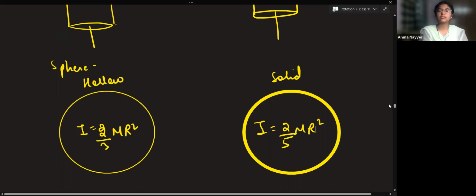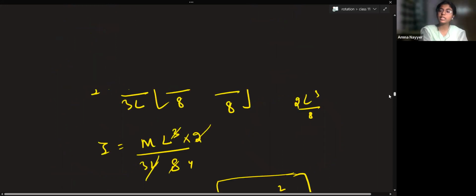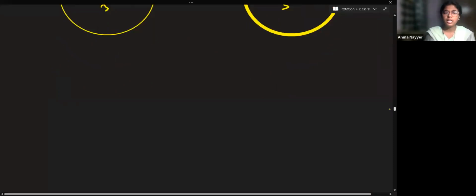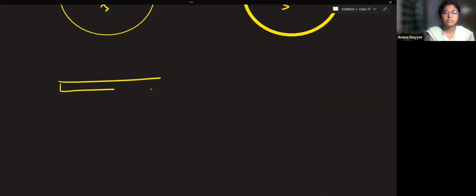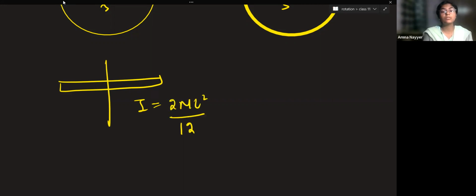Not just this rod. This rod is now a part of your learning. Don't take it just as a derivation or as to how to solve questions on moment of inertia. If you have a rod, the moment of inertia will be the same that you're getting right now, there won't be any difference in it. So this is ML square by 12.